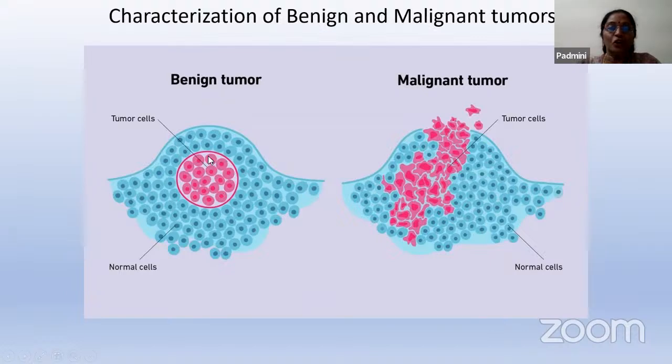The tumor cell has not metastasized. It is placed there and has not moved, and it properly has a boundary wall around it. Whereas in a malignant tumor, you can see the tumor is spreading. It is not going to stay in one place. They are going to move from one place to another. So that is a malignant tumor. We'll be talking about all this in a short while.